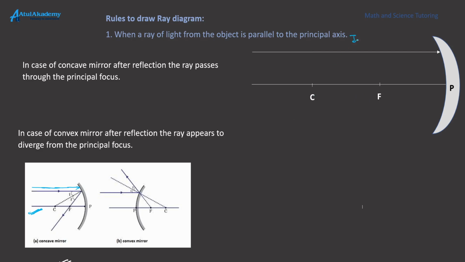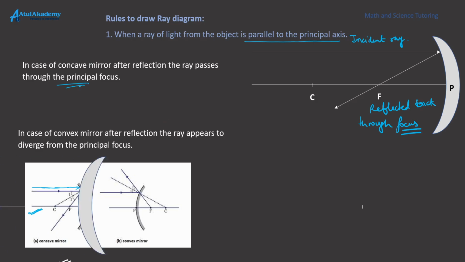This is the incident ray coming parallel. How will it be reflected? It is reflected back through the focus. This is the first rule: when a ray of light from the object is parallel to the principal axis, in case of a concave mirror, after reflection the ray passes through the principal focus.